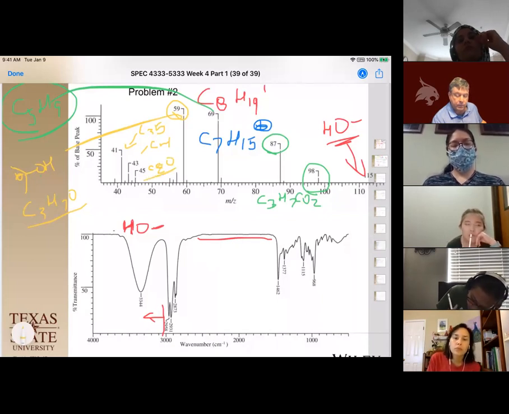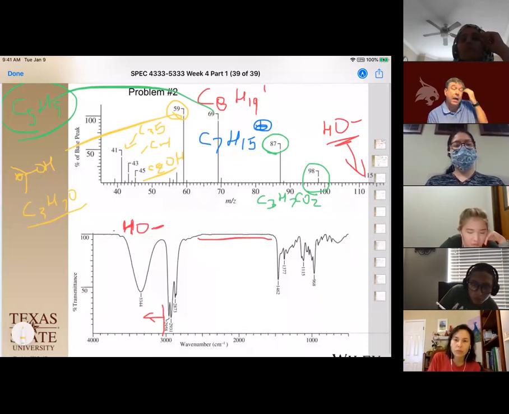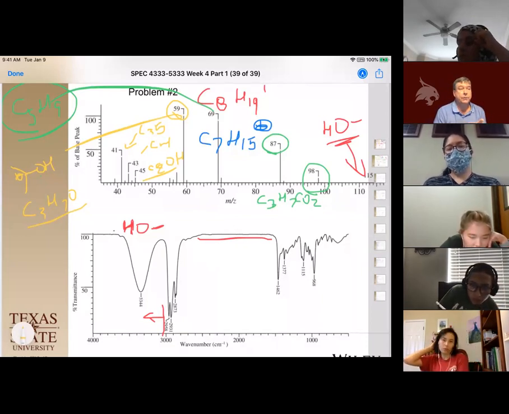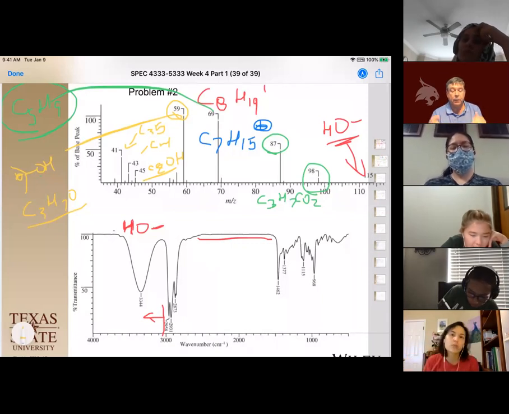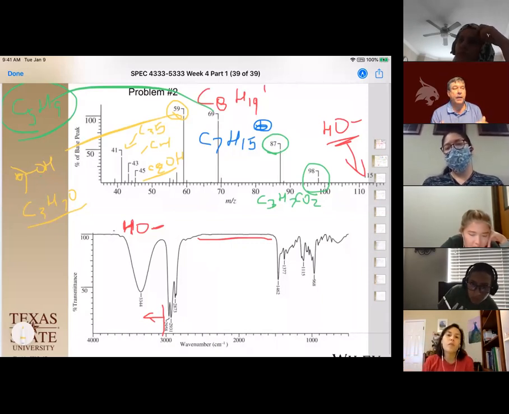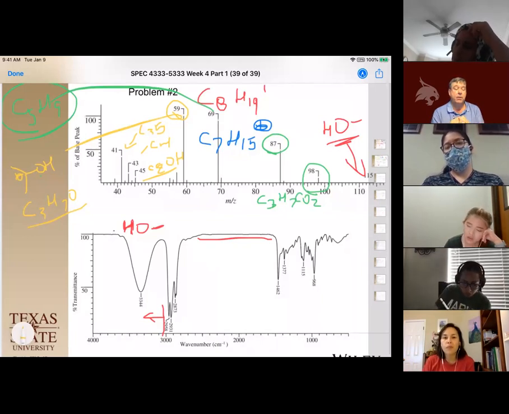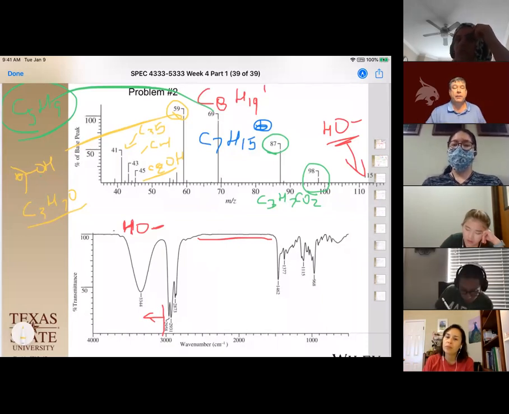So we have several fragments that have oxygen on them as alcohols. We have strong evidence in the IR that we have an alcohol. We have strong evidence in the fragmentation pattern that we have an alcohol. And it might be branched. Why do I say it might be branched? Or it might not be a straight chain alcohol?